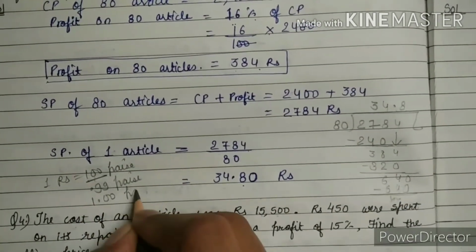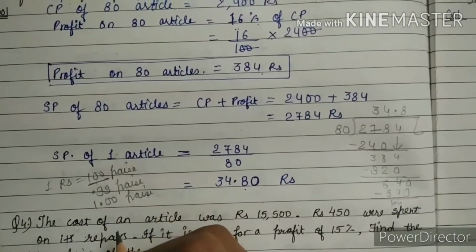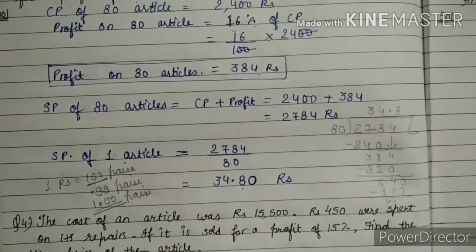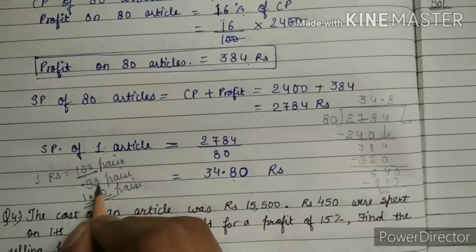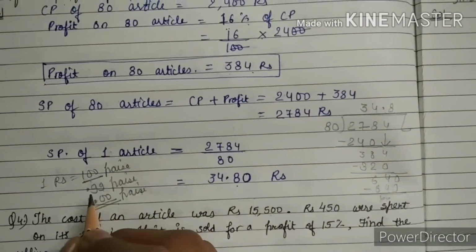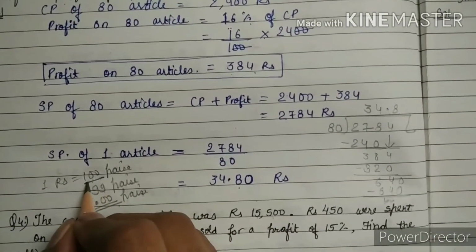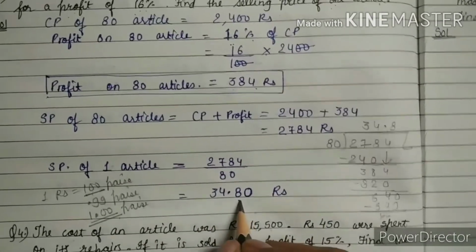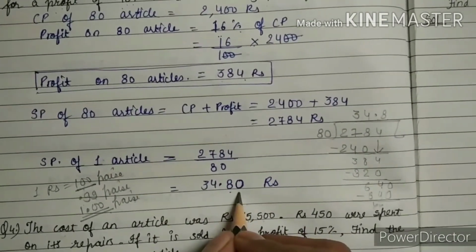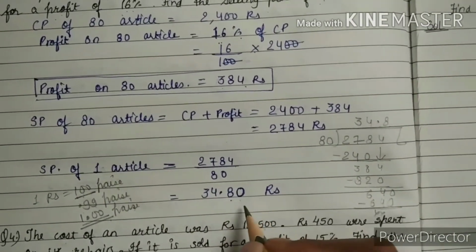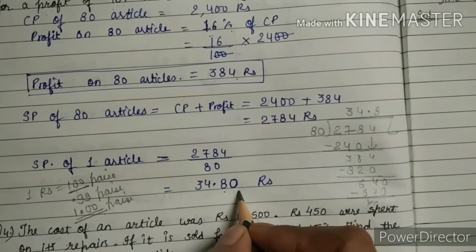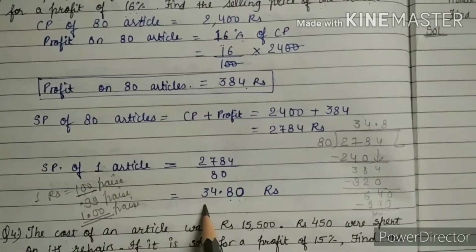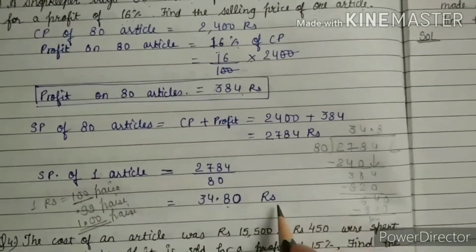In the decimal, it will come in this form. So 2 digits are there in 99, but when 3 digits are there, we will shift that 1 into the rupees. Here we have only 1 digit, that's why I am putting 0 at the back of the number. So the selling price of one article is 34.80 rupees.